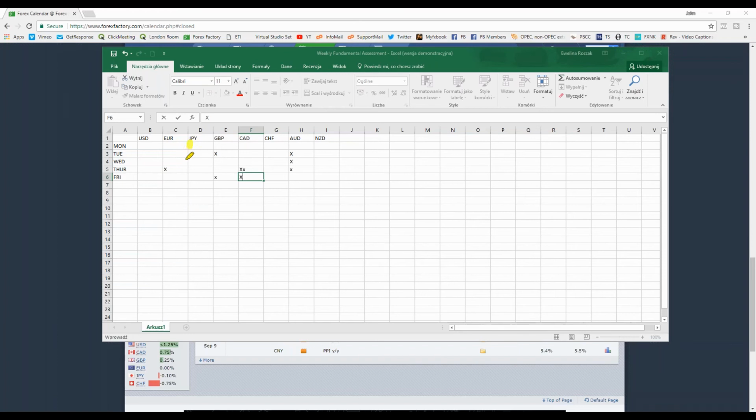Now you can see Japanese yen pretty much free for the whole week, and also the franc and the New Zealand. So if you're looking to avoid volatility this week, certainly you can be looking towards, say, the New Zealand franc, the franc yen, the New Zealand Japanese yen, the US dollar yen, US dollar CAD up until, say, Thursday, US dollar franc, and also the New Zealand US dollar.